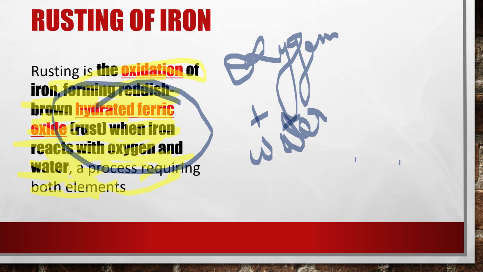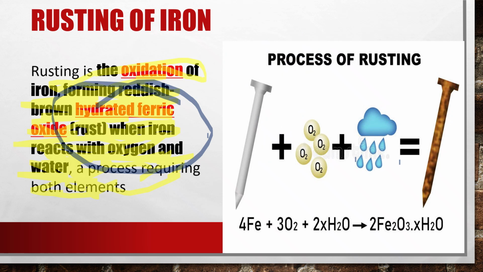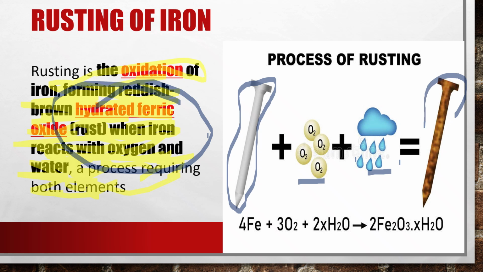Okay, so now we will move towards the equation, which is very important for your board exams. Here you see a perfect and new nail is there, here oxygen is there, moisture is there, and now it's a flaky substance, right?